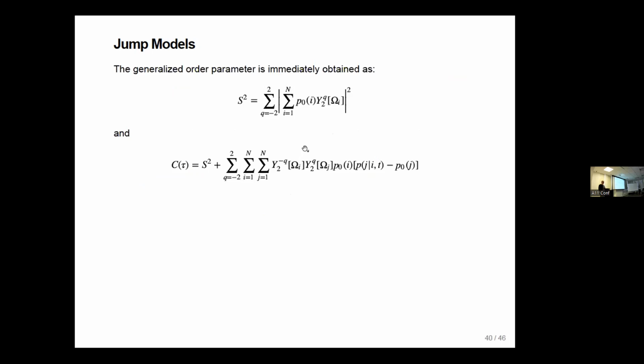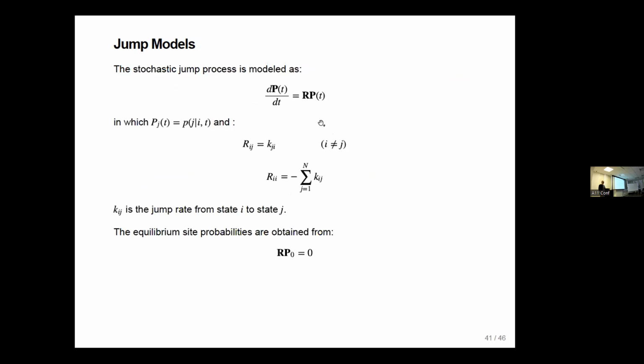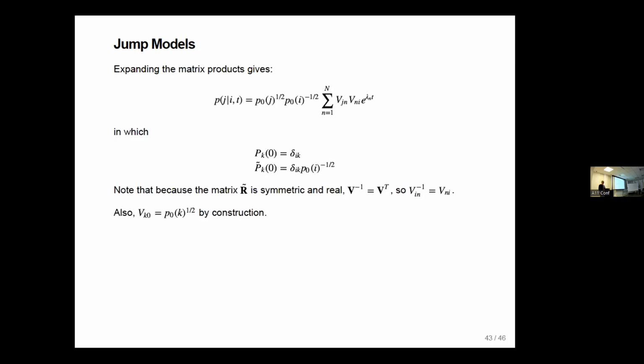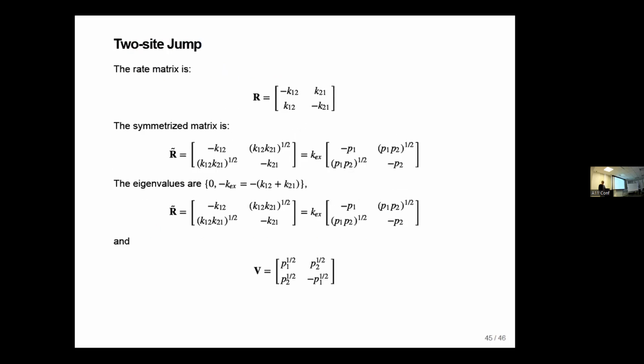And again, the simplest is to calculate the order parameters, given that we know the populations of the three rotamers, say for a 3-site jump. We know the populations, and it's straightforward to calculate the order parameters. I think I went through the math here for actually calculating the autocorrelation function, and it's not so interesting. So I'll leave it for you.